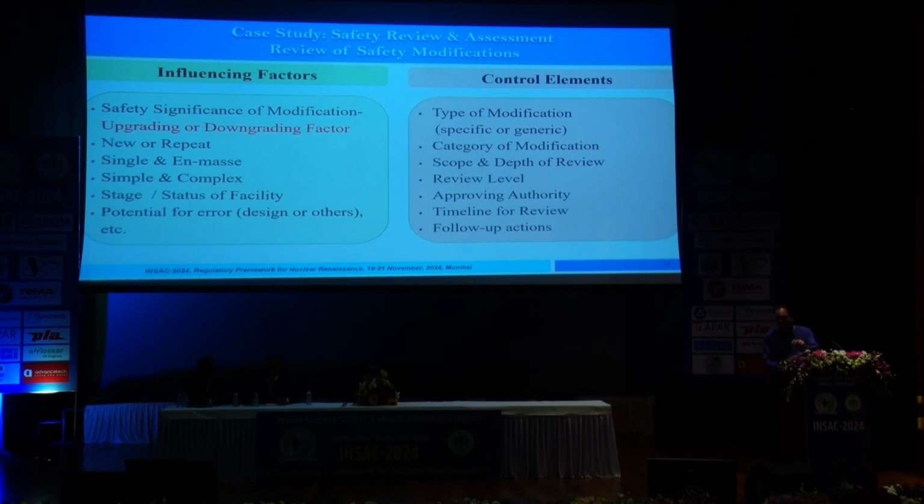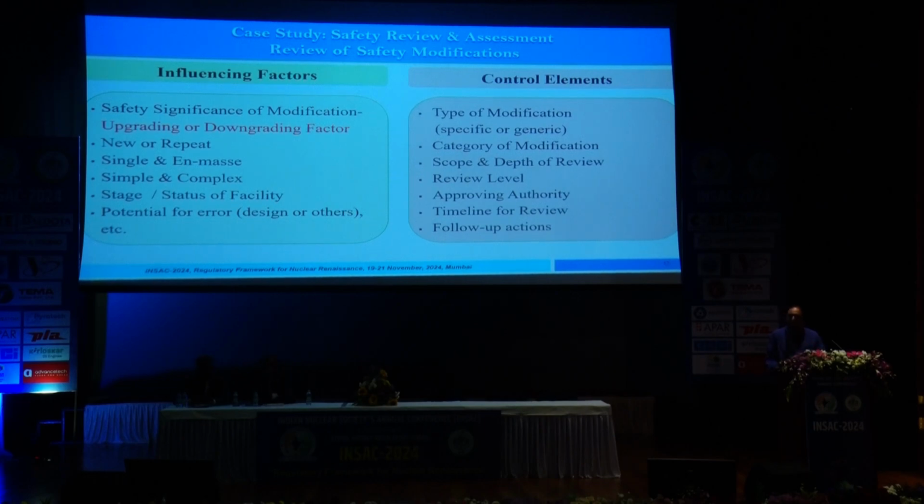So in facilities we perform modifications. Modifications are generally performed to drive some benefit. It could also be that we want to come out from a fault; like with a pressure tube leak, we want to segregate it from the rest of the PHT system. That is also a benefit.